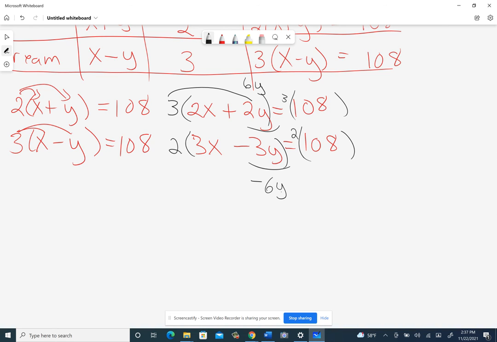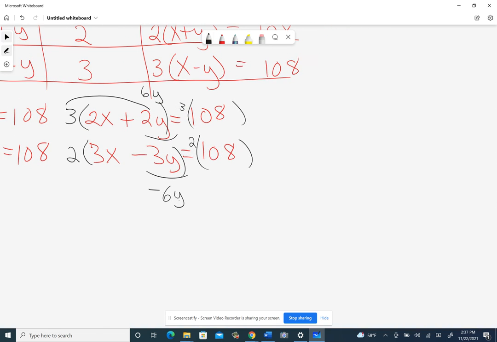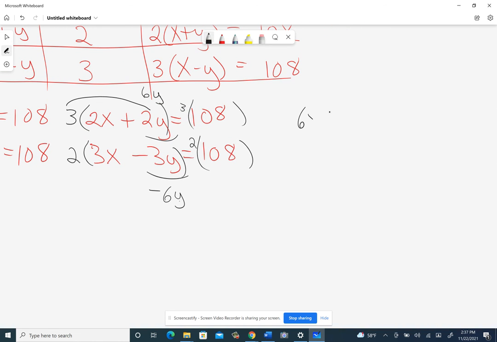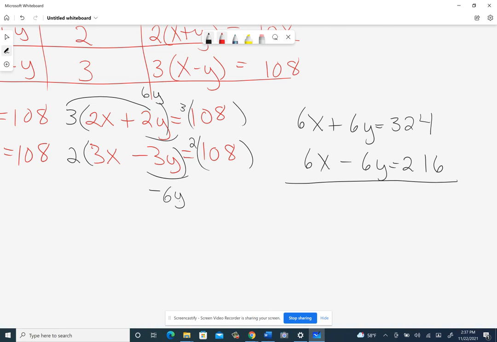All right, so now I'm going to go ahead and do the 3 everywhere. So it'd be 6X plus 6Y equals 324 would be the top equation. The bottom one would be 6X minus 6Y equals 216. Okay. All right. I'm adding these two equations because these are opposites, so they're going to add up to be 0, but the 6X and the other 6X are both positive.